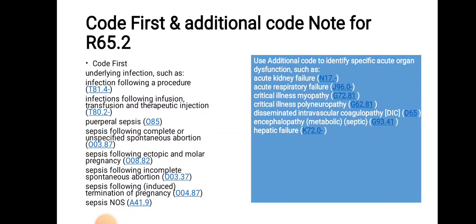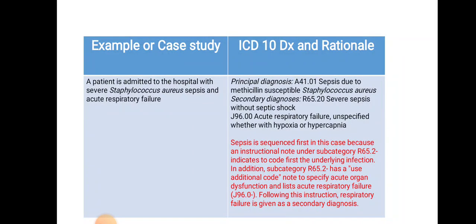And if there is no specificity given for the infection, you have to code sepsis not otherwise specified, A41.9. Since here we have a specific code for staphylococcus aureus sepsis, we have given A41.01 as the primary code for infection.